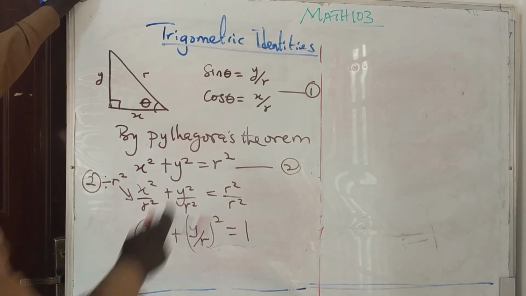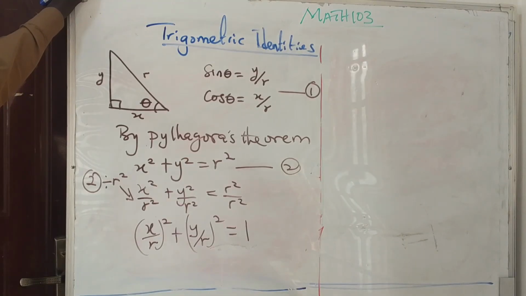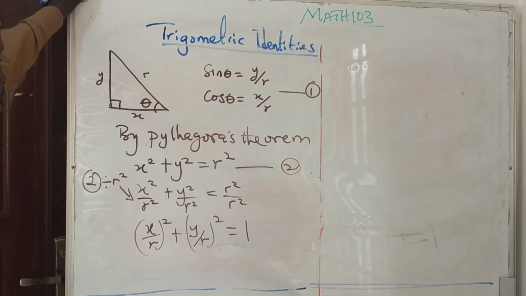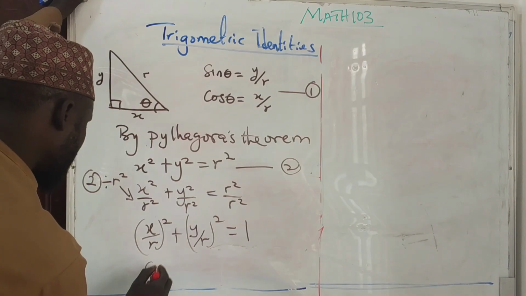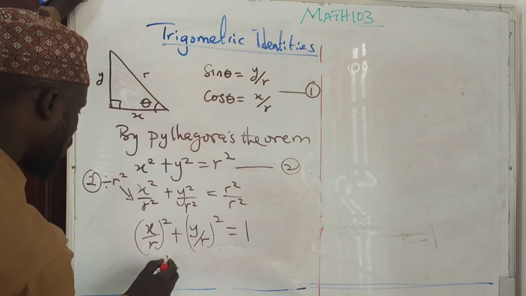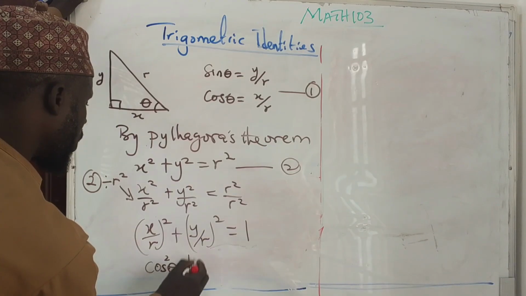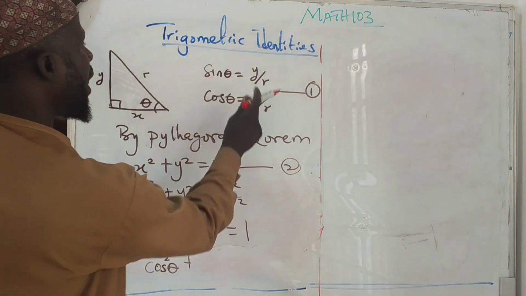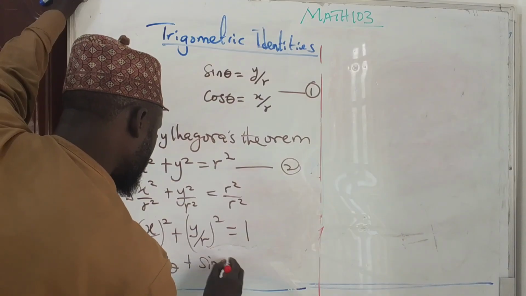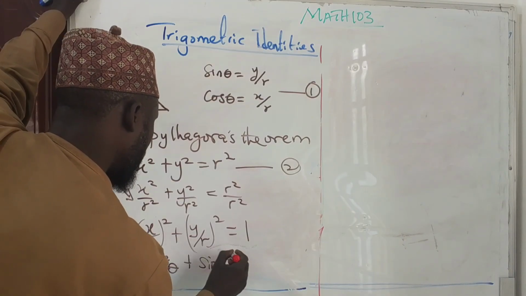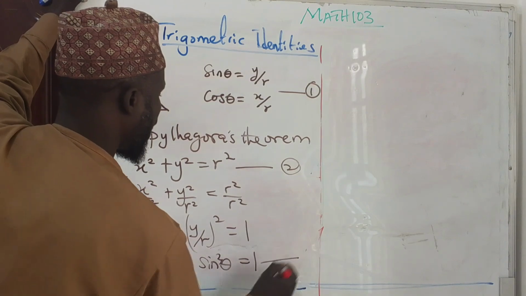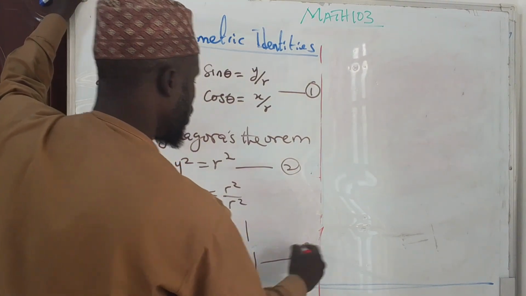But what is x over r? It is cos theta. And what is y over r? It is sine theta. So I have cos squared theta plus sine squared theta equal to 1. Call this equation number 3.